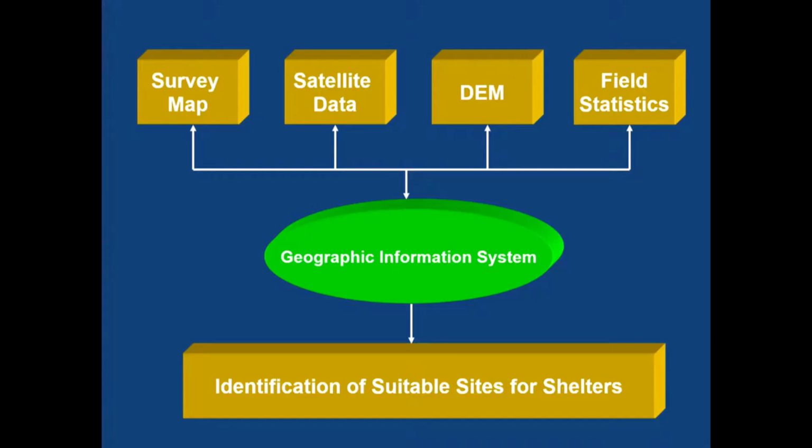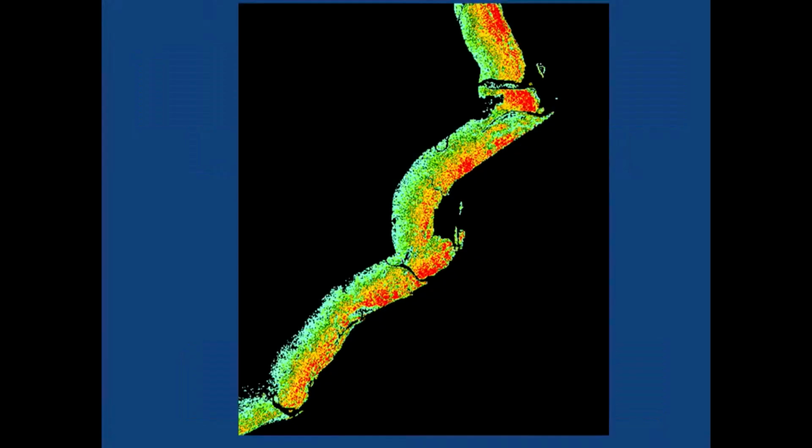So the cyclone shelter should be created in such a location that easy communication is possible, and it is away from the water. Similarly, this map is created using DEM information and the storm surge decay coefficient information, and a flood depth map is generated using those two parameters.